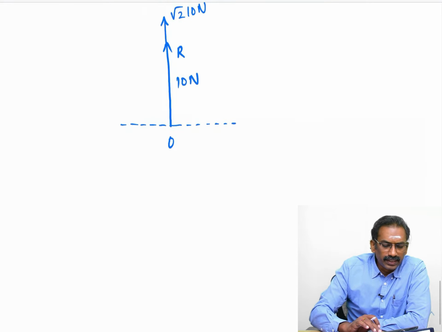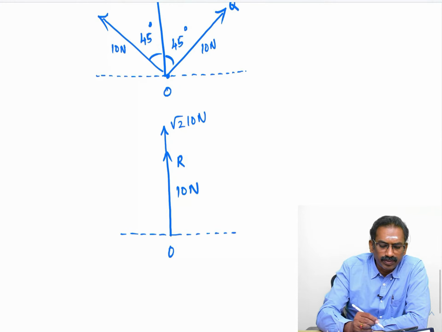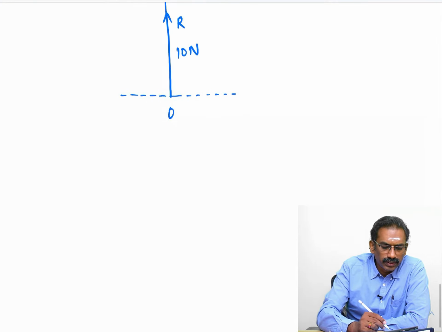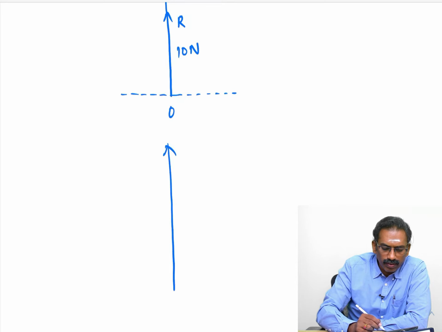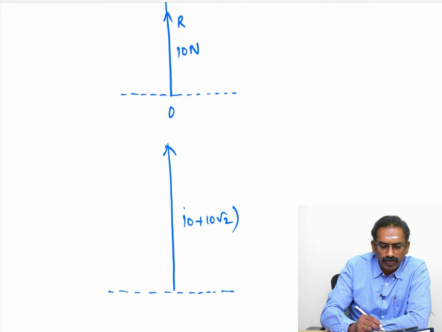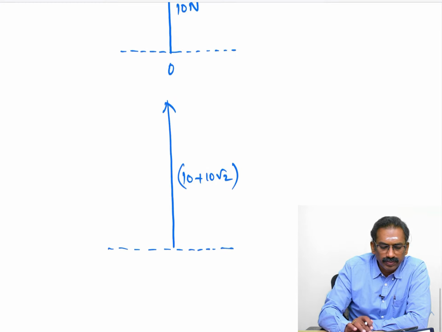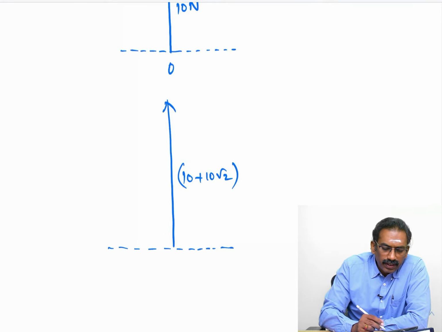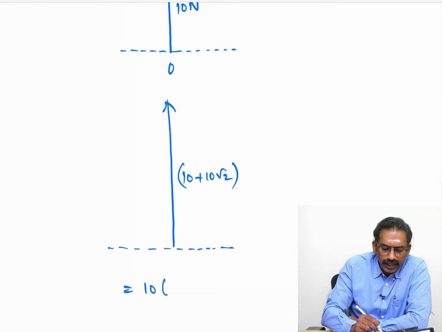So, the resultant of these two vectors is given by 10 plus 10 root 2. So, that is equal to 10 into 1 plus root 2 Newton.